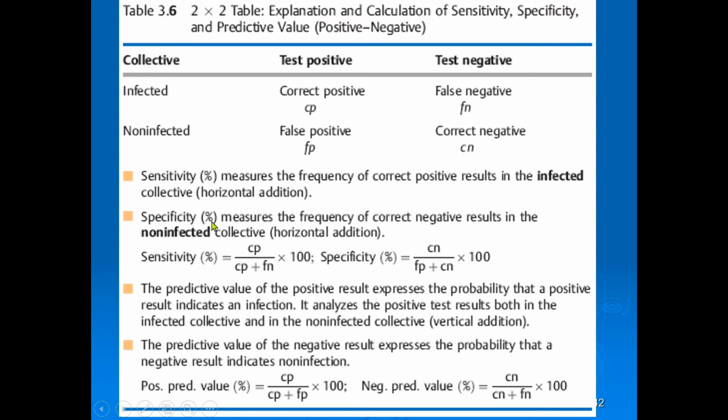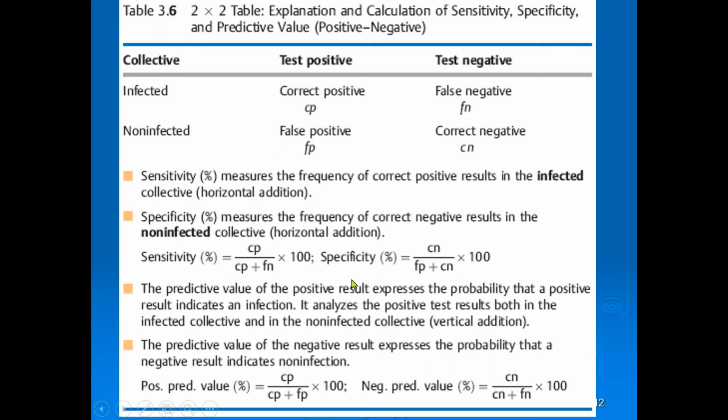sensitivity and specificity. Sensitivity measures the frequency of correct positive results: correct positives over correct positives plus false negatives. So it is the frequency of correct positives over all the infected samples.